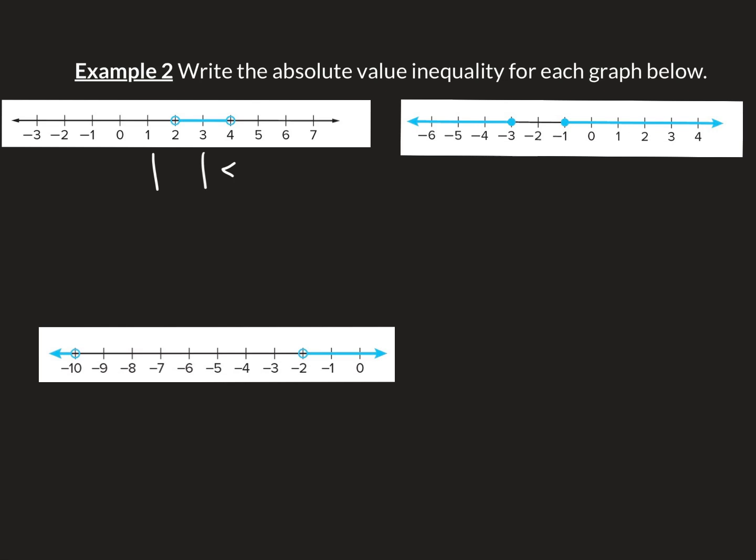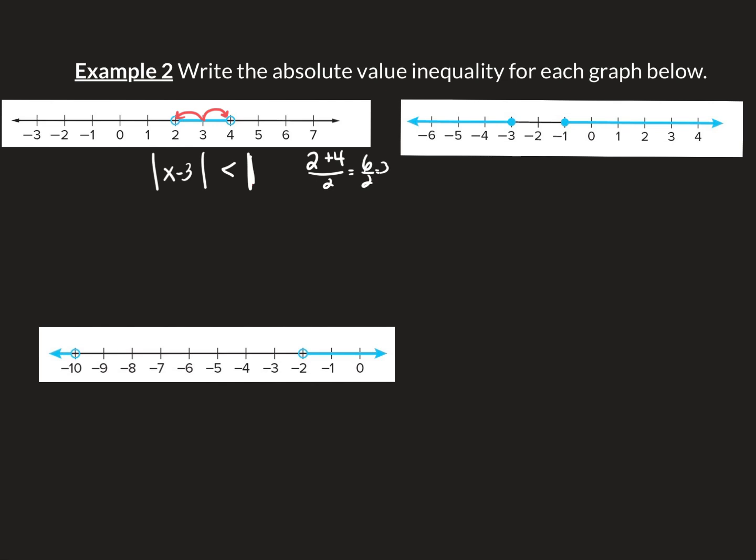So you take your two solutions, remember, and divide by 2. So 6 divided by 2 is 3. And it's x minus 3 is less than, and what's the distance? The distance from the mean, because remember you put the mean there. The mean to each solution, it's 1 unit. So absolute value of x minus 3 is less than 1 is the answer to that one.